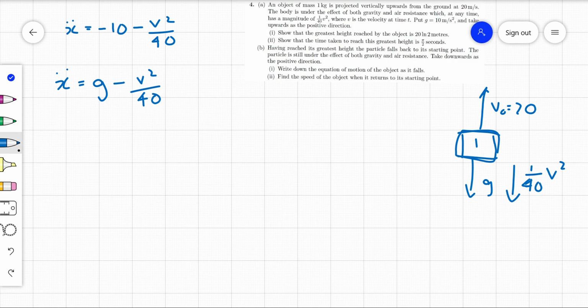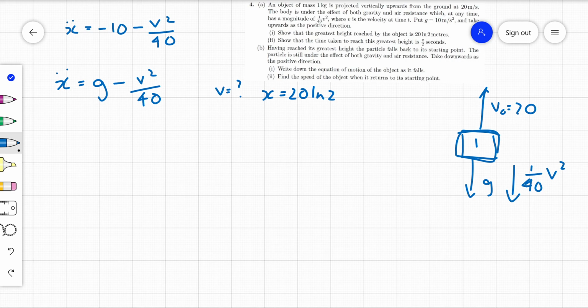What are we looking for? So we're looking for the speed of the object, so we'll just look for the velocity when it returns to its starting point. So if I started at x equals 0 this time, I know that it's going to go through 20 log 2 displacement for it to return to its starting point.